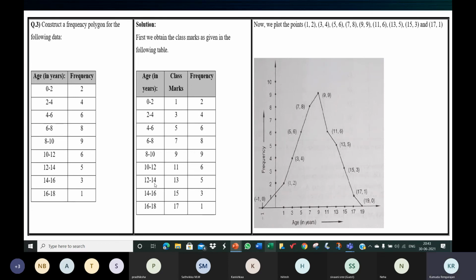The first column is the same, age in years, and the last column is the frequencies. You need to create this column, class marks, which is the mid value of every class interval.